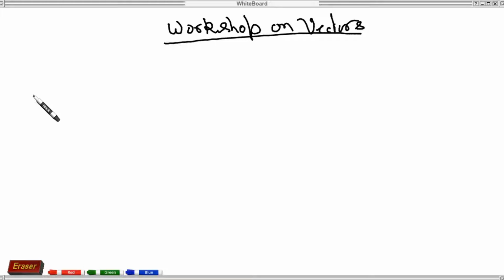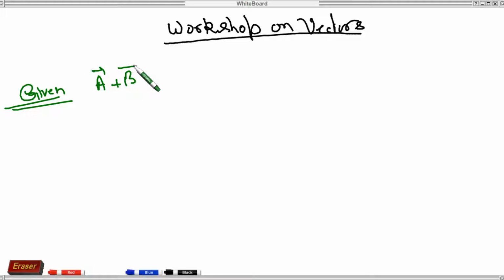Suppose the given things are like this. Vector A plus vector B is equal to vector C, this is given, and A square plus B square is equal to C square.